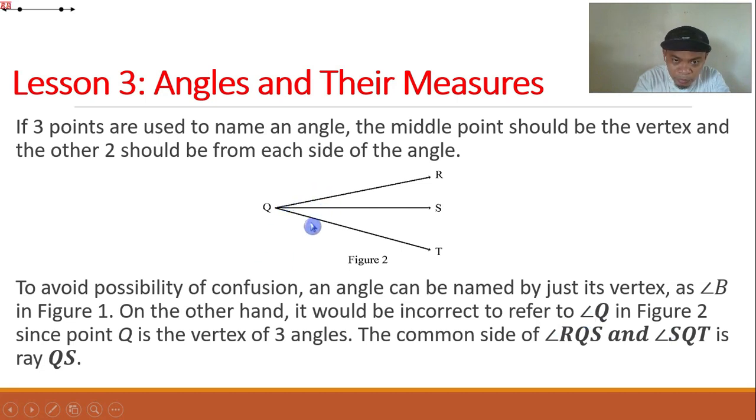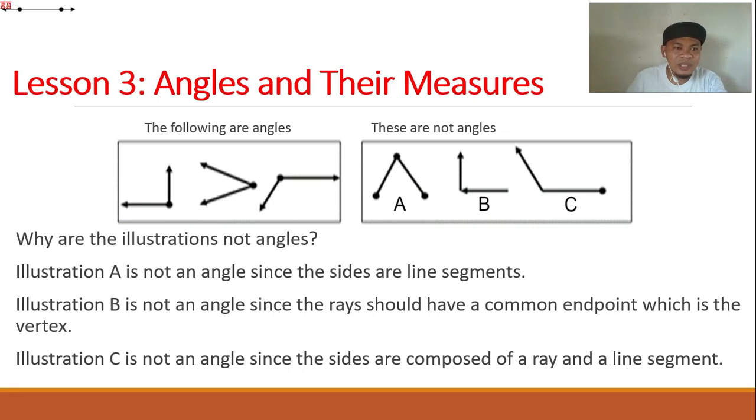The whole angle is big angle, angle Q. Since point Q is the vertex of 3 angles, the common side of angle RQS and angle SQT is ray QS.